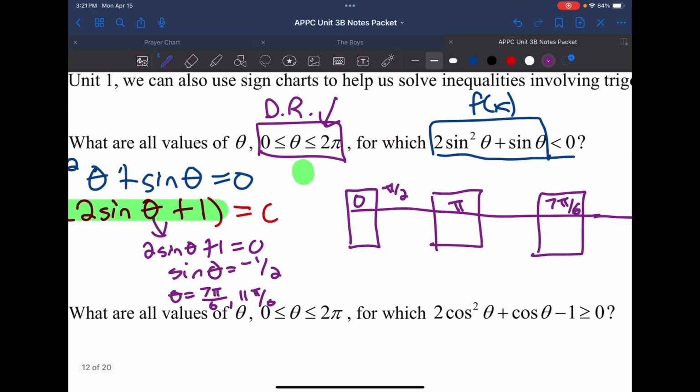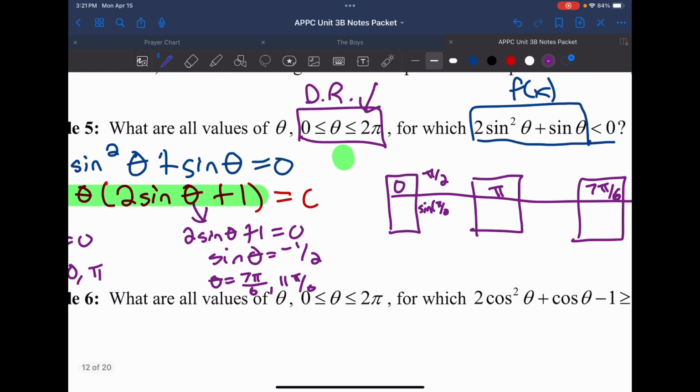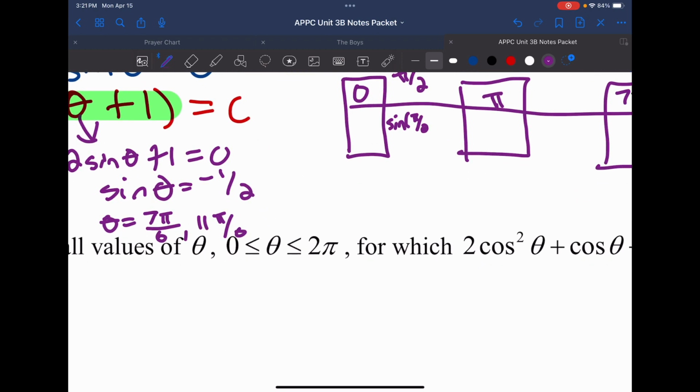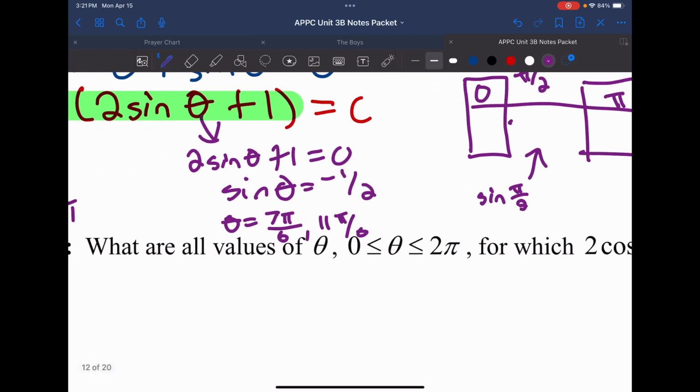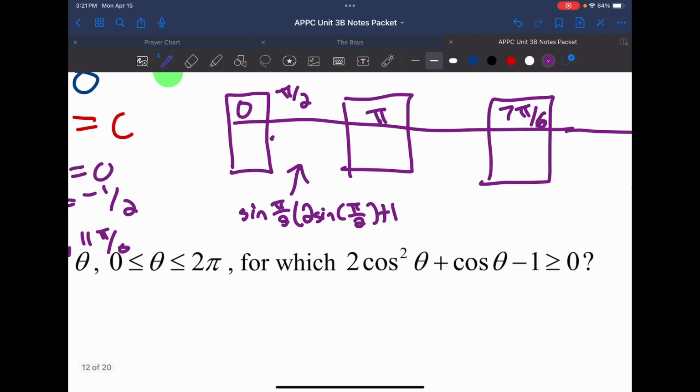And that's going to give me sine of pi over 2, plugging it into my highlighted factored portion, times 2 sine pi over 2 plus 1.